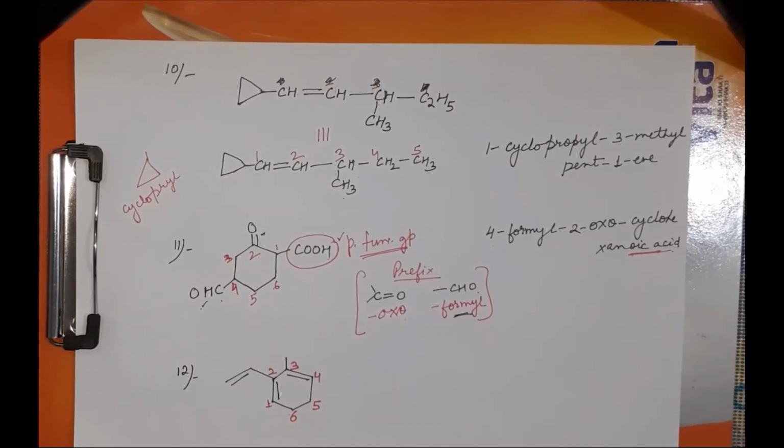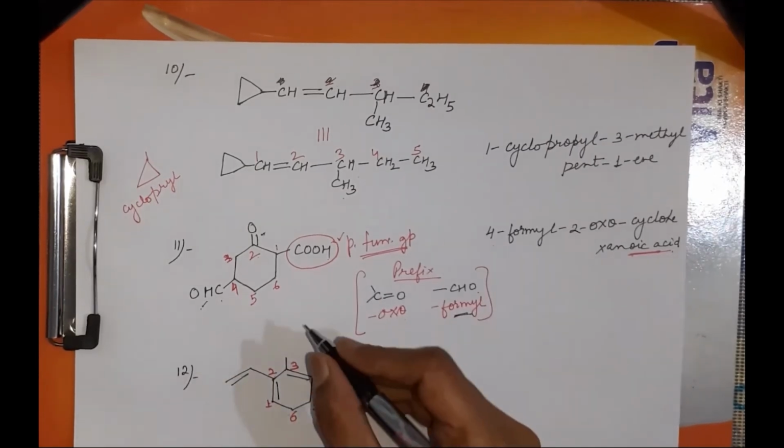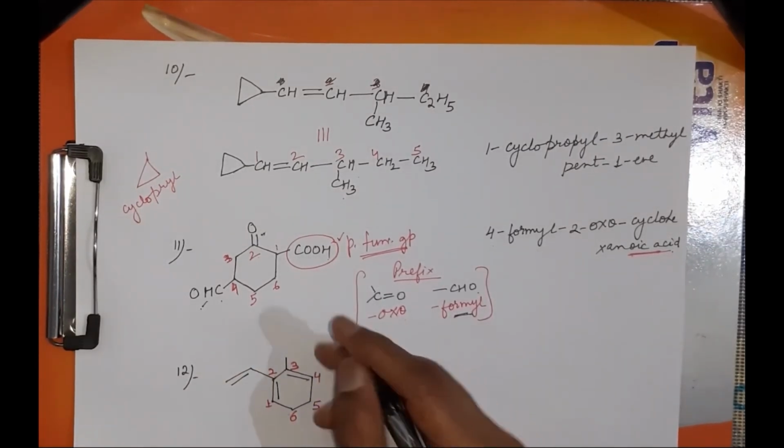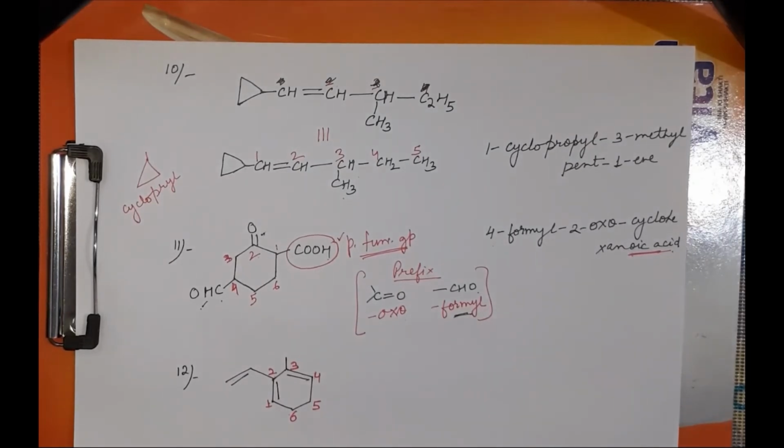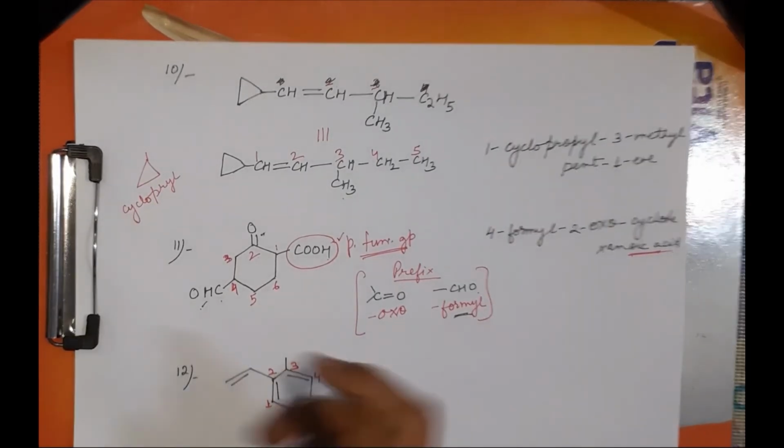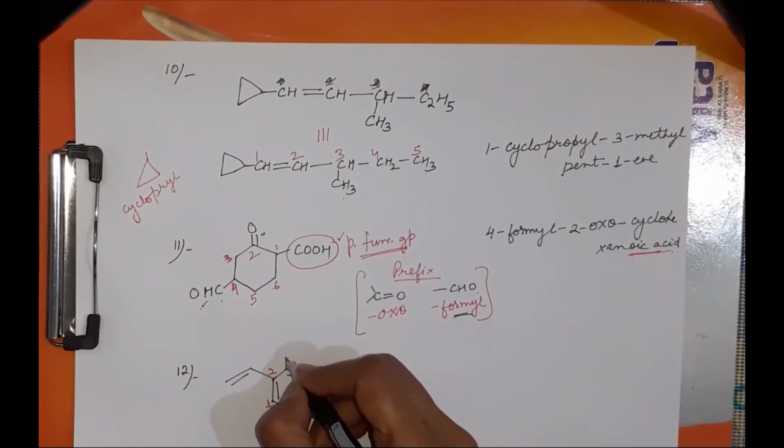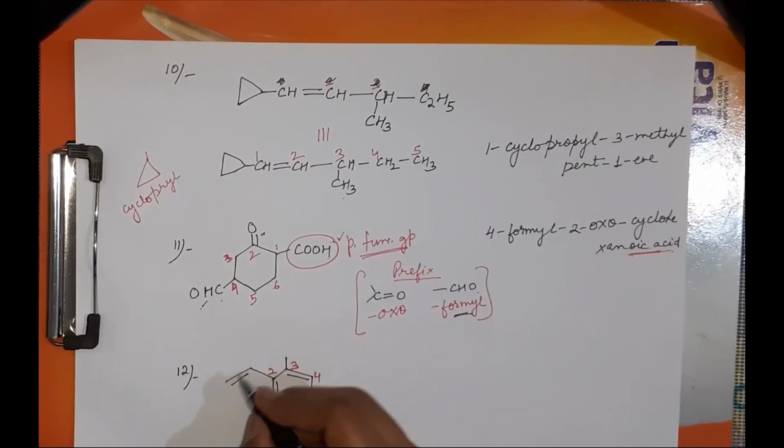So we will do the numbering like this only. This is the methyl group, the terminal carbon, and this we can discuss first.